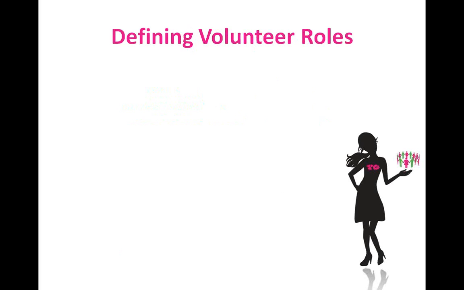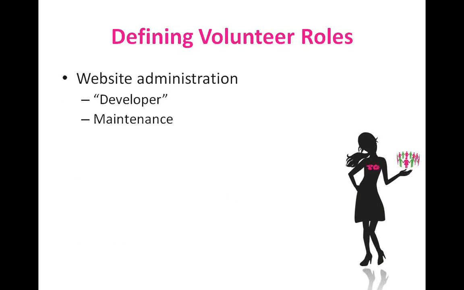So assuming that that ROI and the financial analysis shows you that you're going to do better on online fundraising and you want to move forward, the next step is really to define your volunteer roles, because you will need a different set of volunteers or a different set of skills to do a fundraiser online than you would have to do it offline. So consider, first of all, the website administration.